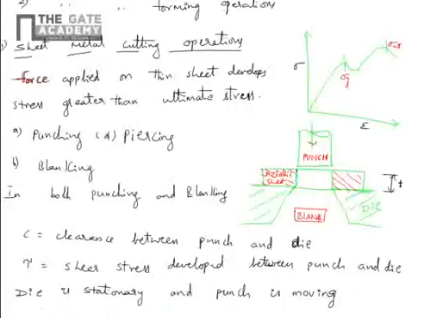Another point is the die size is always greater than the punch size. The punch has to go inside and create a hole, so there has to be space between the punch and die. It is called clearance. Because of clearance, the punch size is less than the die size.